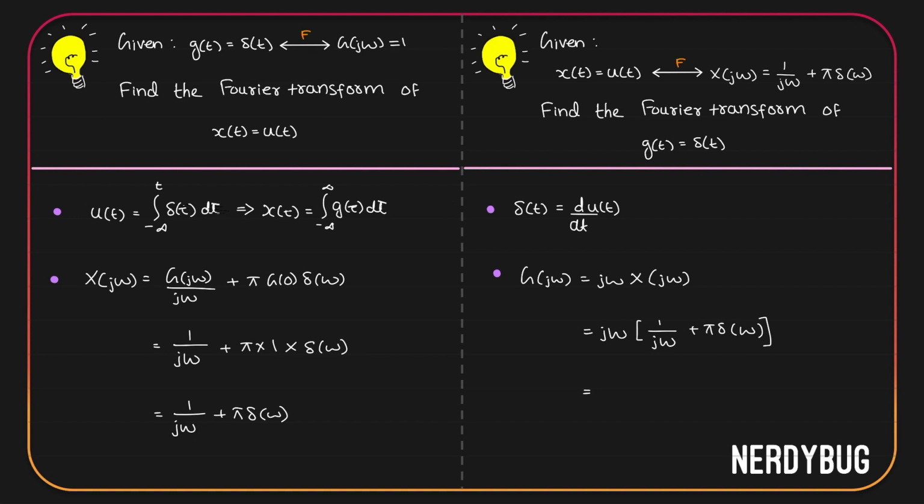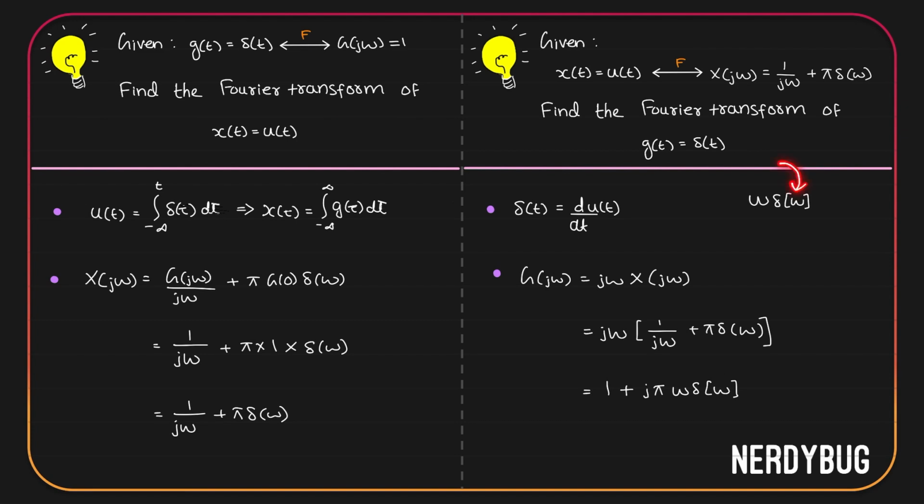So this becomes j omega multiplied by 1 by j omega plus j omega multiplied by pi delta of omega. So j pi omega delta of omega. But what is omega delta of omega?